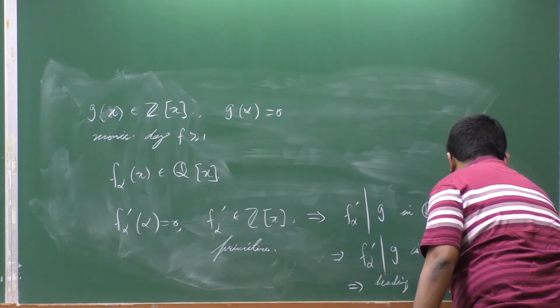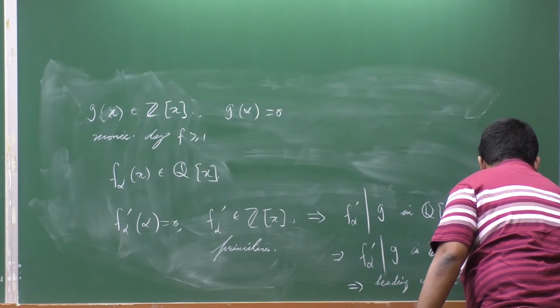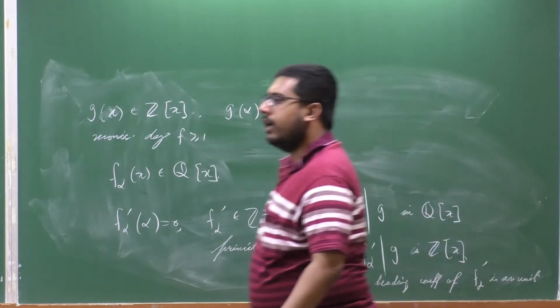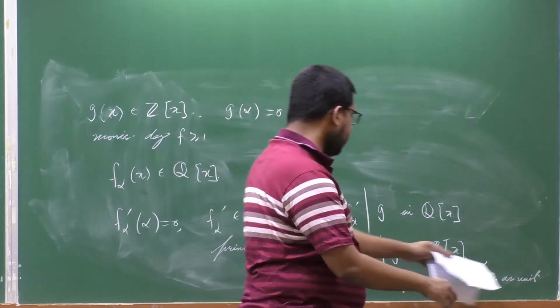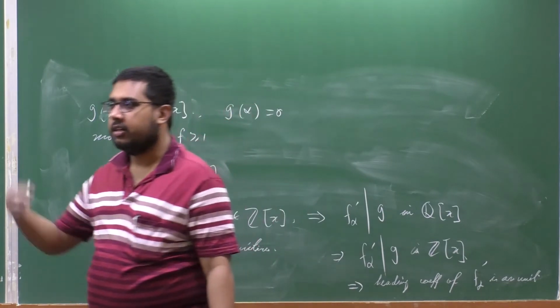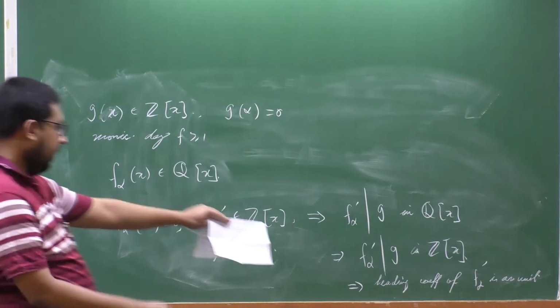Of course a unit in Z is plus or minus 1. So by further modification we can consider f_alpha prime to be a monic polynomial.